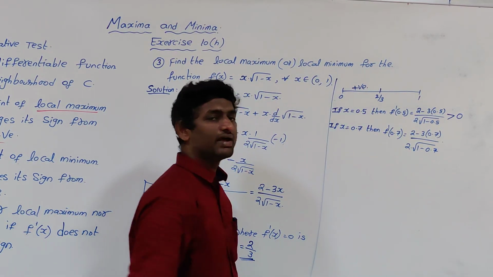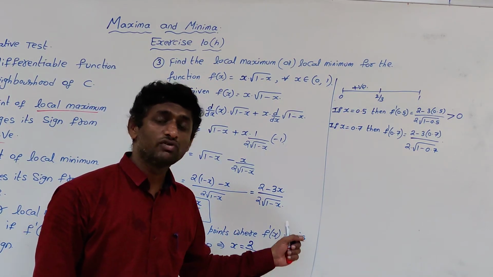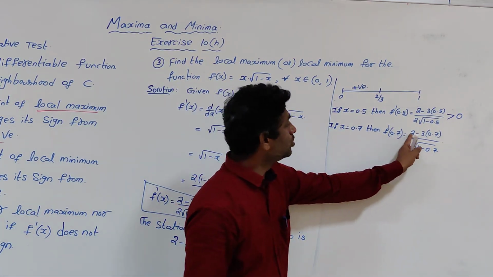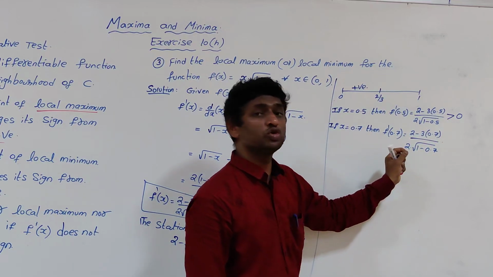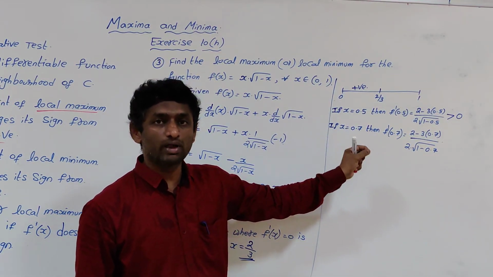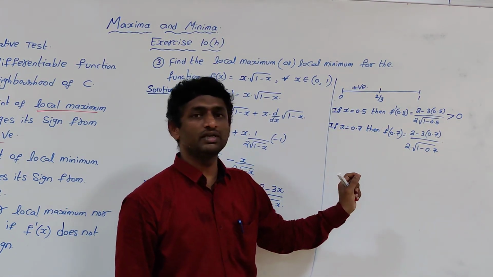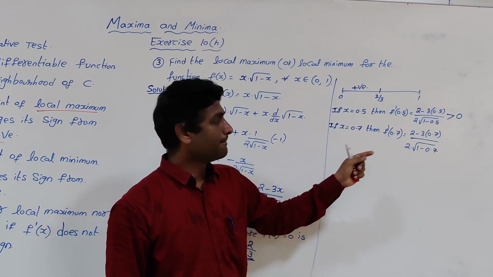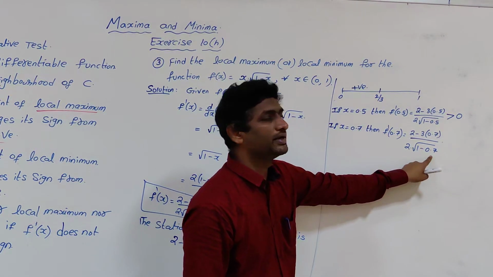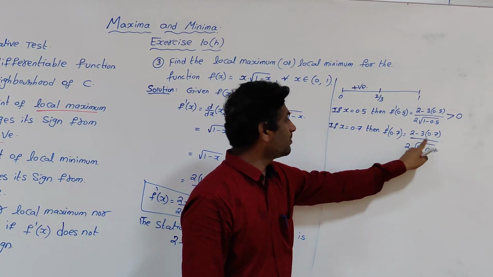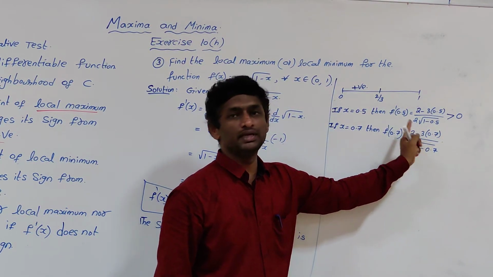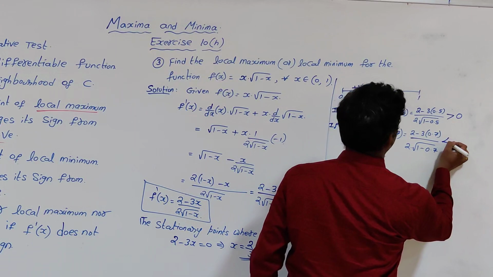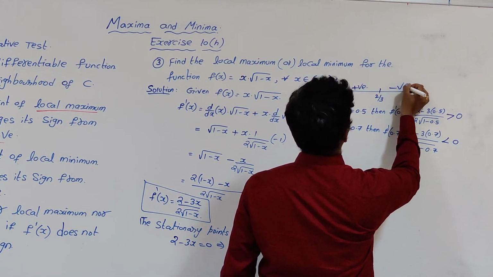Then what will be the sign? 3 into 0.7 is 2.1. 2 minus 2.1 is minus 0.1, by 2 into under root of 0.3. So the denominator is positive, but the numerator will be negative. So overall it will be a negative sign.